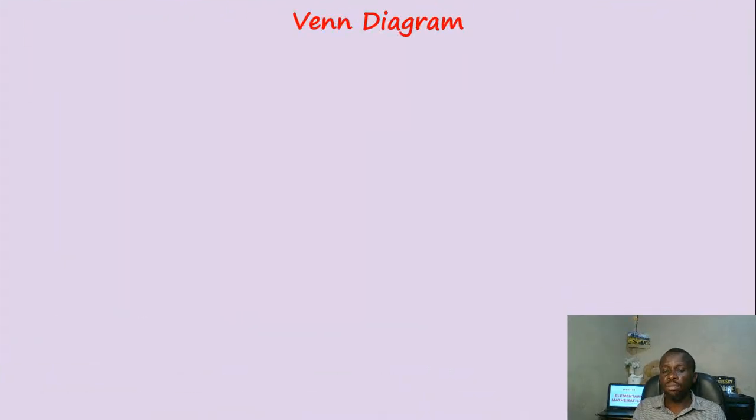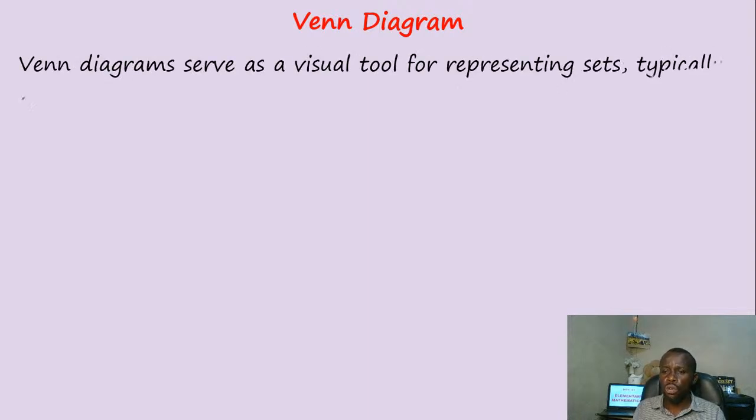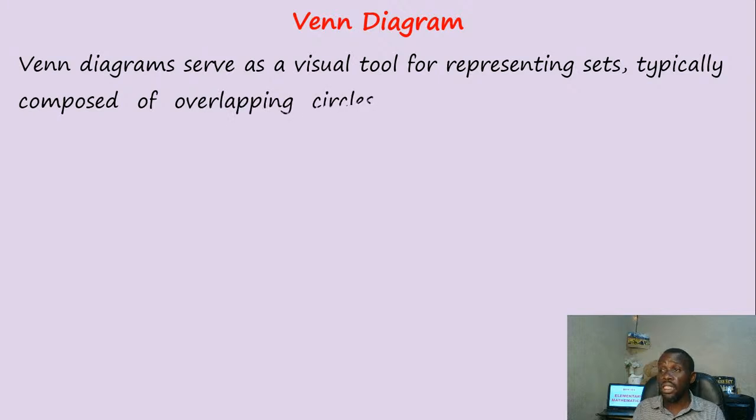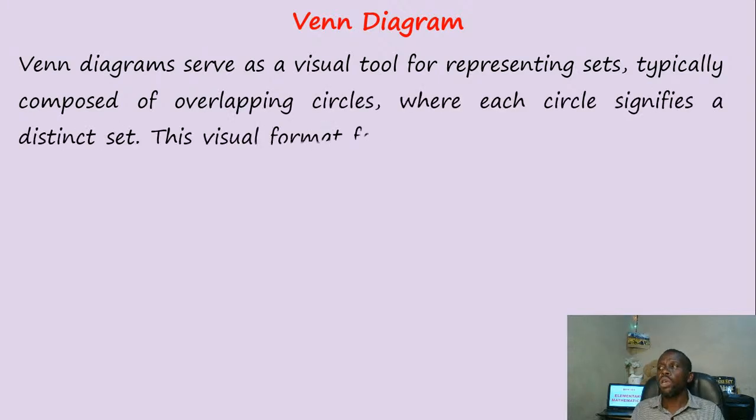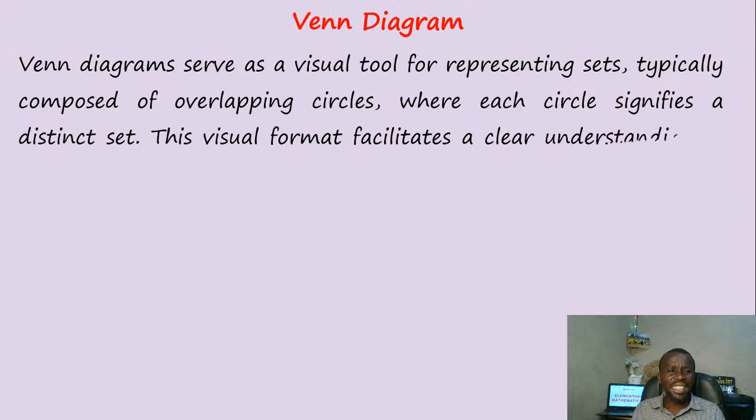Venn diagram. This is where I want most of you to join so that you understand this Venn diagram. Now, the Venn diagram serves as a visual tool for representing sets, typically composed of overlapping circles, where each circle signifies a distinct set.